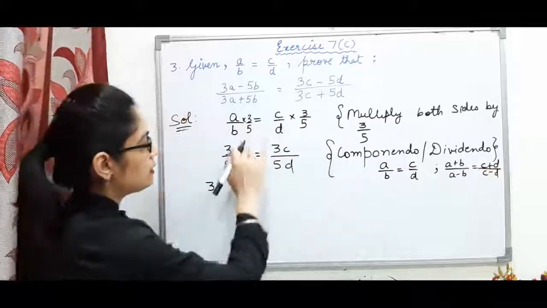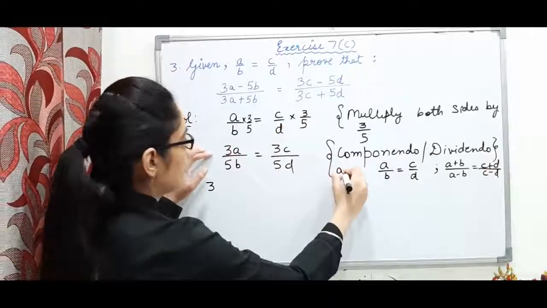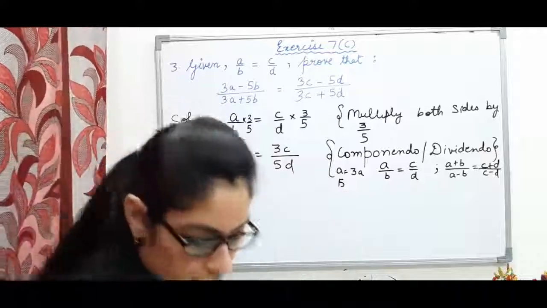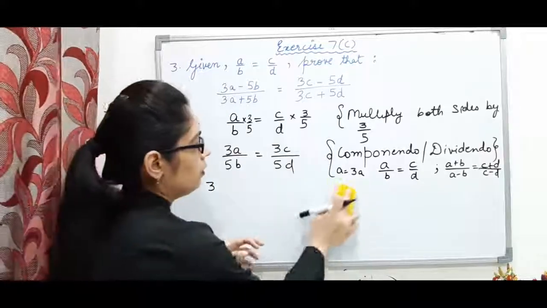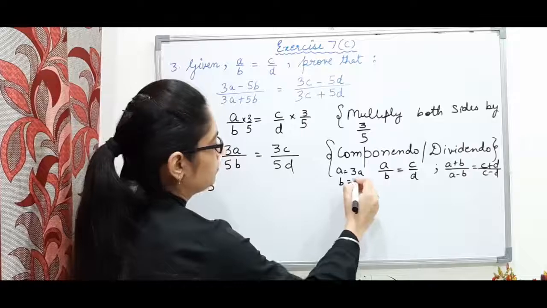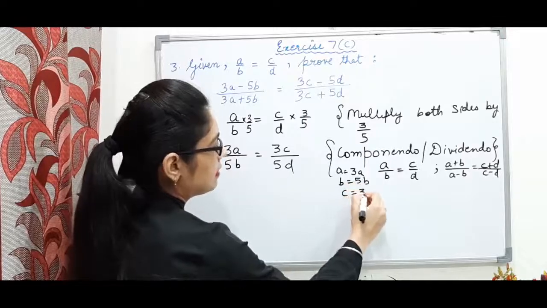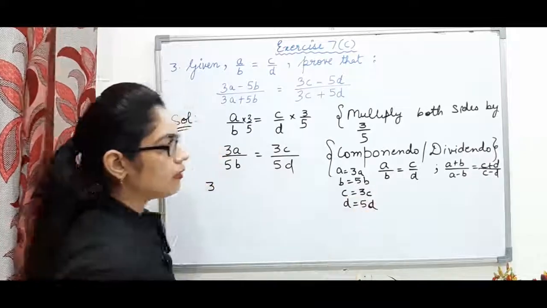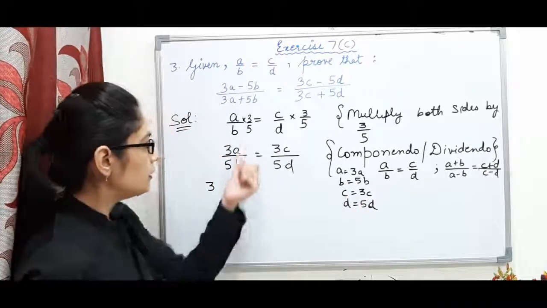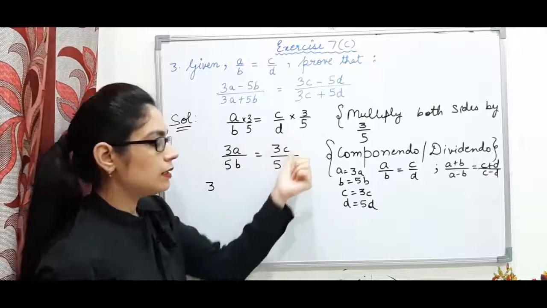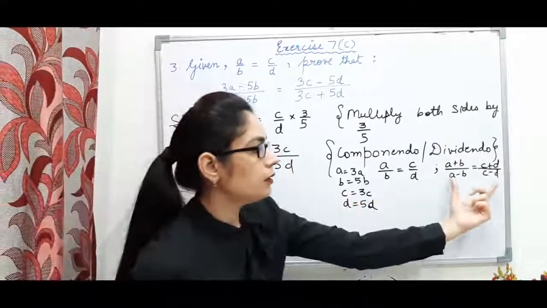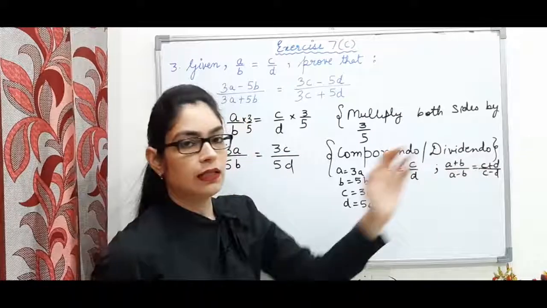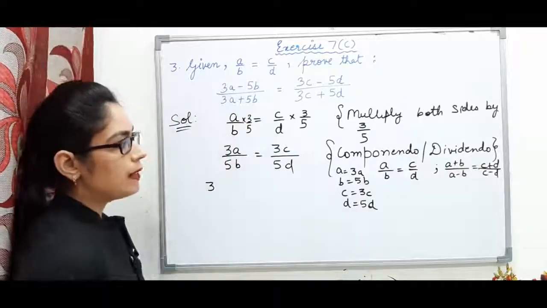Now see, I will write the values of a, b, c and d. a is 3a now, b is 5b now, c is 3c and d is 5d. We have to accordingly substitute the values. Since a/b = c/d, I can apply this property componendo and dividendo, where (a + b)/(a - b) = (c + d)/(c - d).